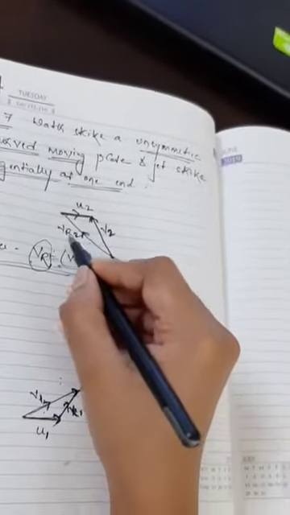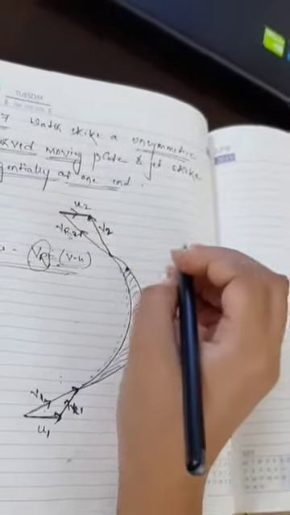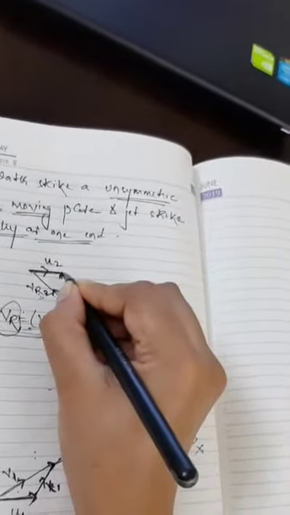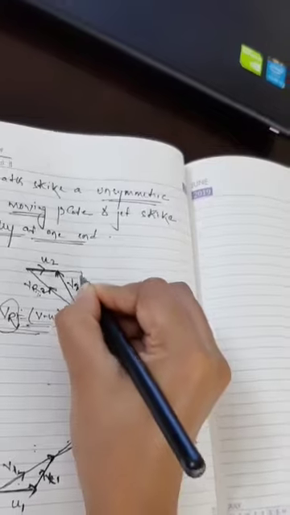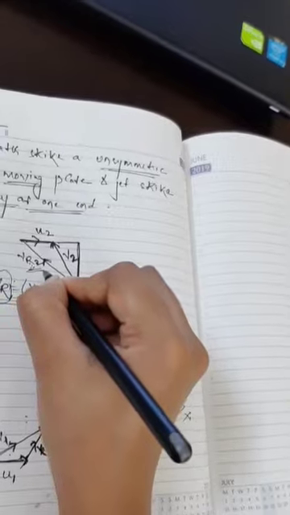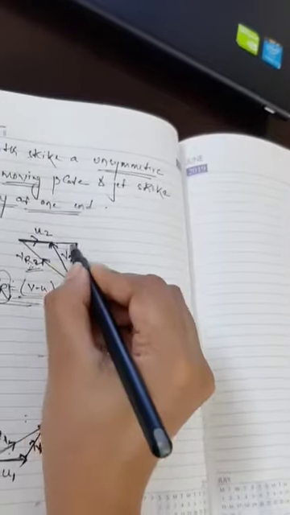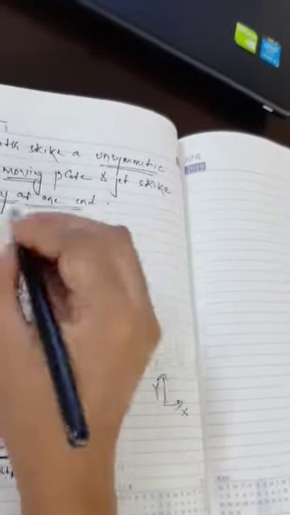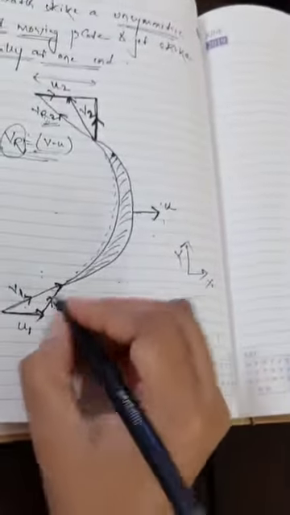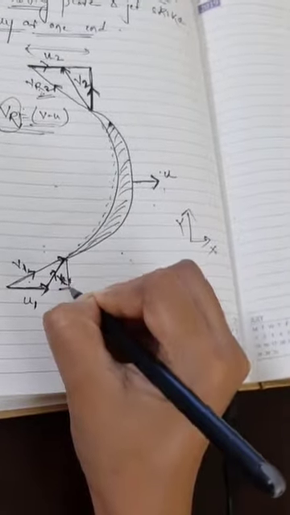We have to resolve this into a horizontal component and a vertical component. So for vr2, this is the horizontal component and this complete thing will be your vertical component. And similarly for vr1 also, I have to resolve it in this direction.